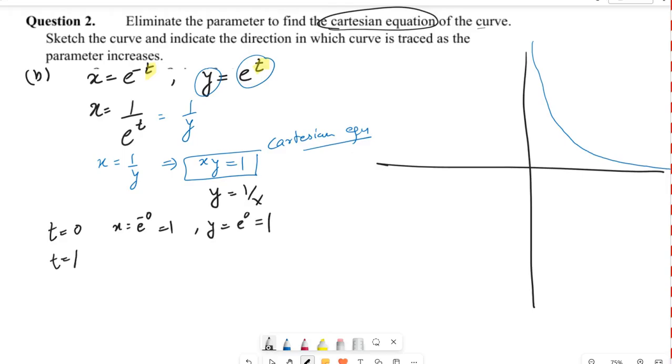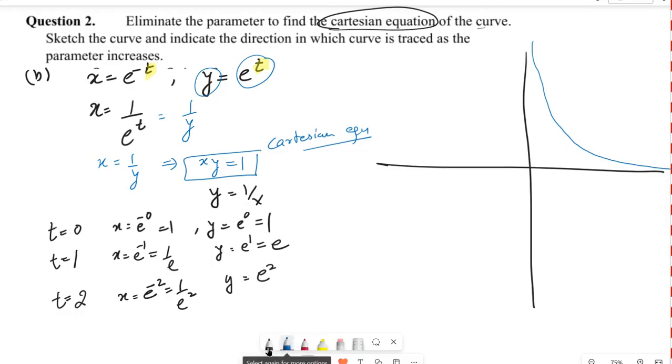What if t is 1? x would be e to the power negative 1, which is 1 by e, and y would be e to the power 1, which is e. Okay, let's try one more. t equal to 2. x is equal to e to the power negative 2, which is 1 by e squared, and y is equal to e squared.